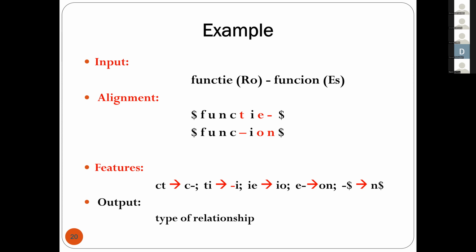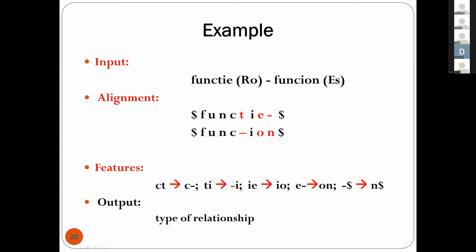One of the problems with the alignment was that, like all the computational algorithms which minimize something, we have not only one alignment.